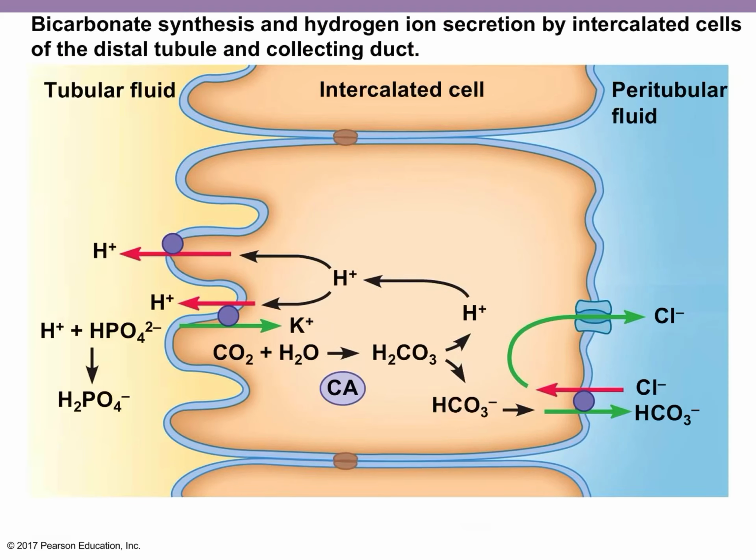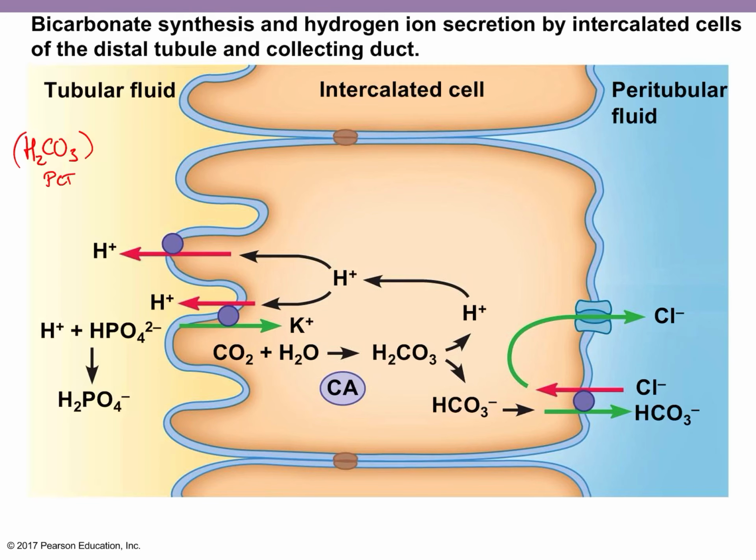So let's see what happens in the DCT. So in the DCT, what happens here is that because the PCT, the proximal convoluted tubule, has taken care of a lot of that H2CO3, right? So we had that H2CO3 in high amounts in the PCT, that we're no longer going to have a lot of bicarbonate. So most of that bicarbonate has been removed by the PCT.